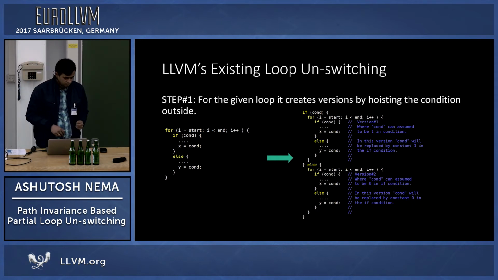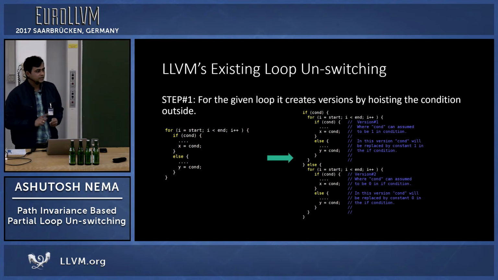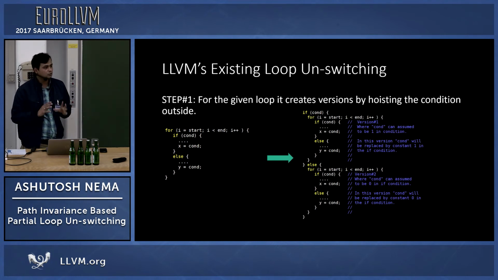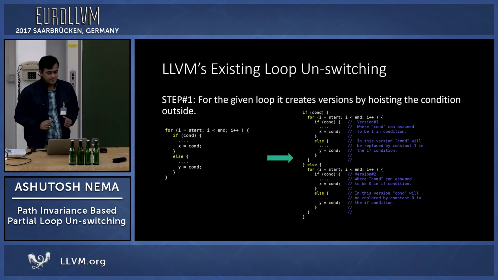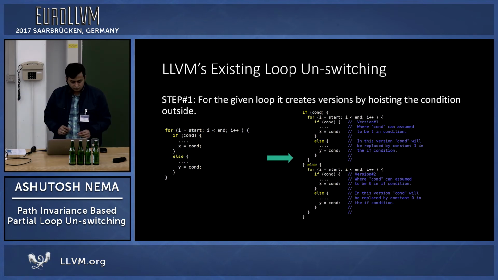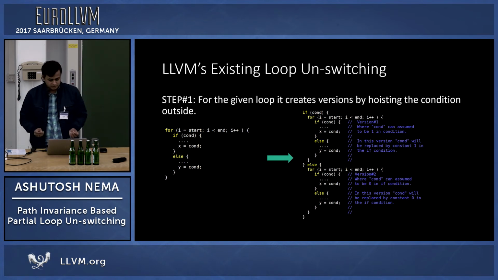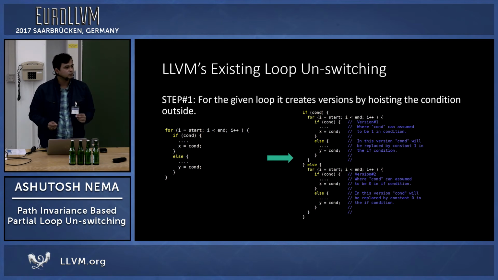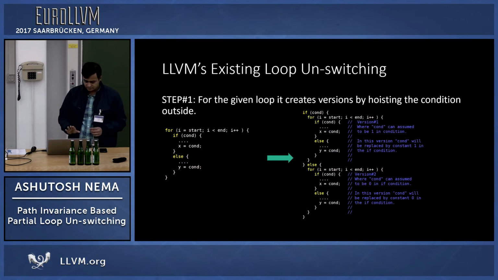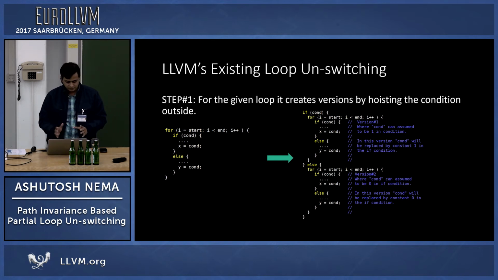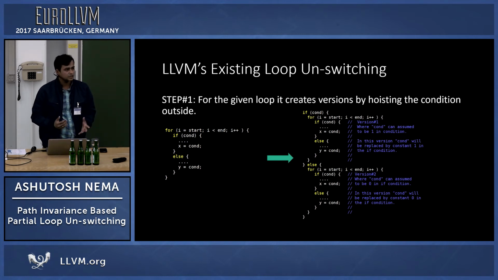This whole process will be done in two steps. The first step is just to duplicate the loop body in both the clauses. The second step is to remove the condition by setting the appropriate true or false value. So this is the first step output, where we just duplicated the loop in both the clauses.